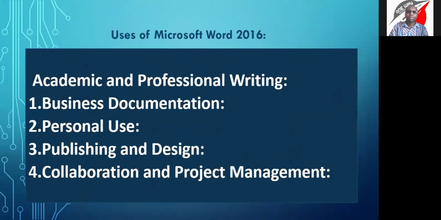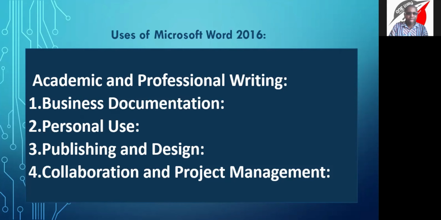Now let's look at what are the uses of Microsoft Word 2016, or generally, what are the uses of Microsoft Office Word? Number one, it can be used for academic and professional writing. You can use it for business documentations.